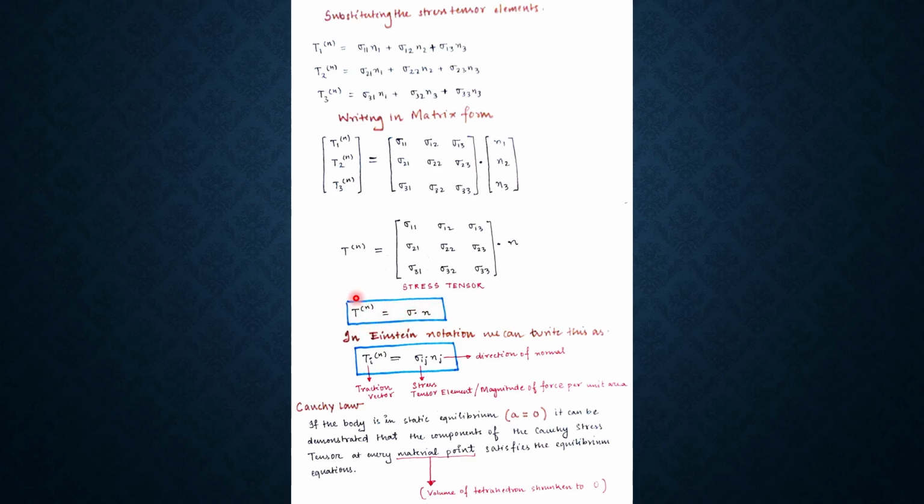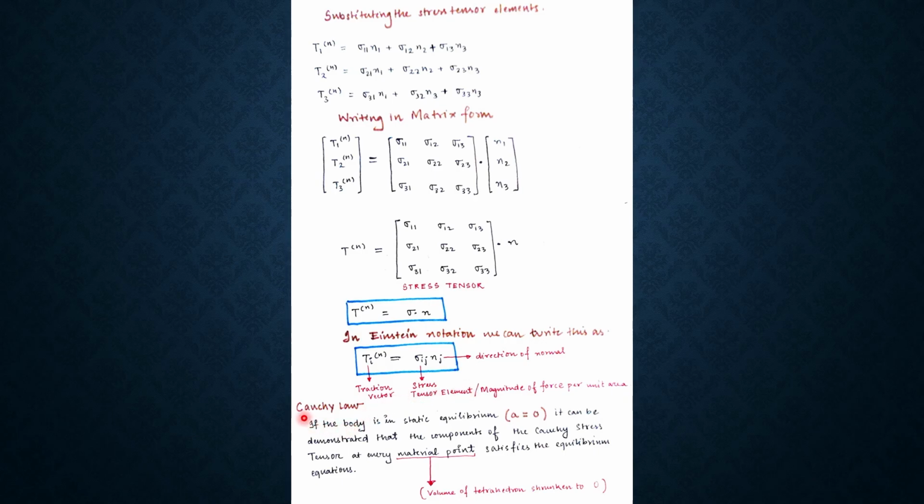In this expression, T of n is a vector, n is also a vector, and sigma is a tensor relating the traction vector to the normal direction vector. And in Einstein notation, that is the index notation, we can write this as Ti of n equals sigma ij of nj. Ti is the traction vector, n is the normal direction, and sigma ij is the stress tensor element.